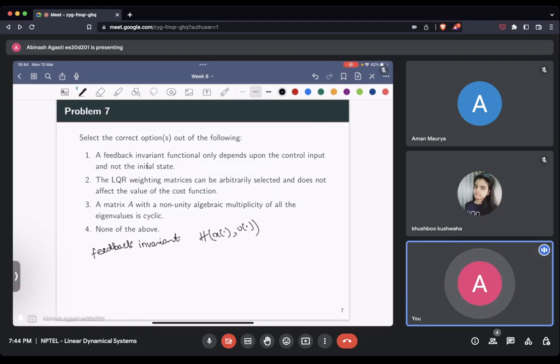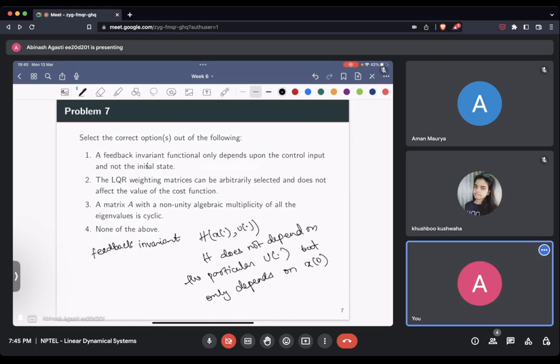If h is a feedback invariant, then by definition it means that h does not depend on the particular function u, but only depends on x at time 0, given that the value of x as time goes to infinity should go to 0.